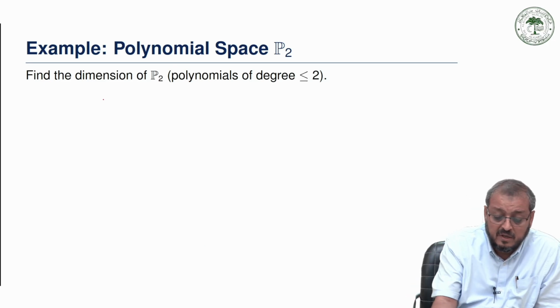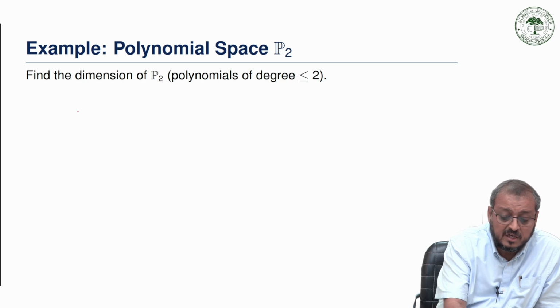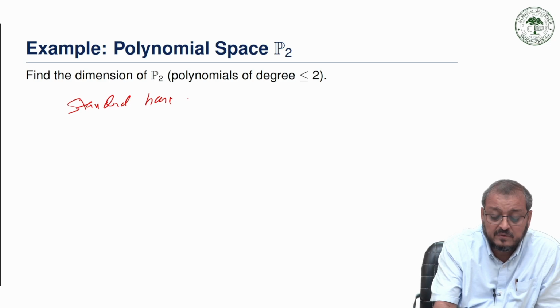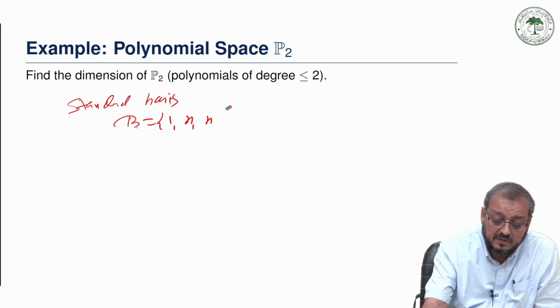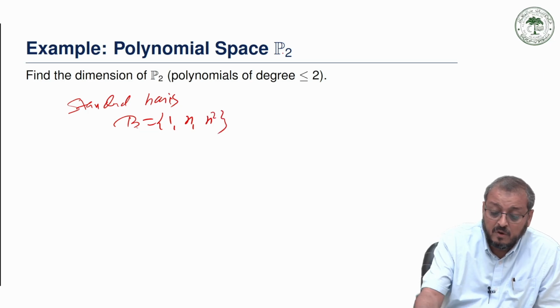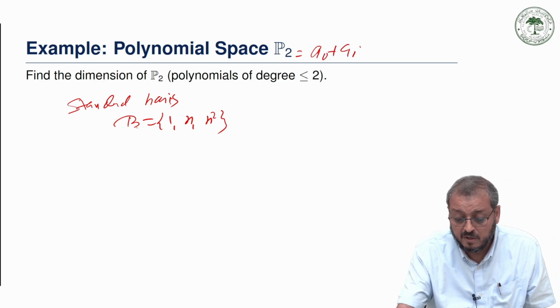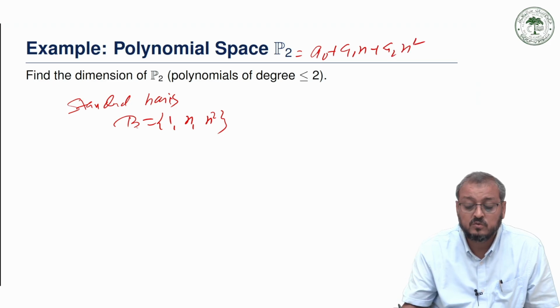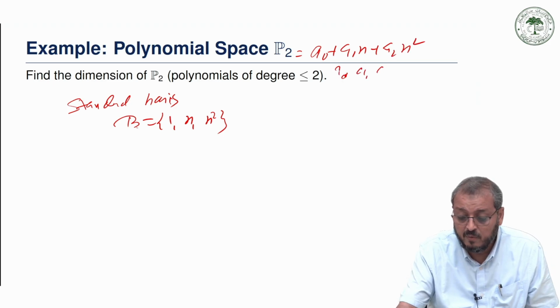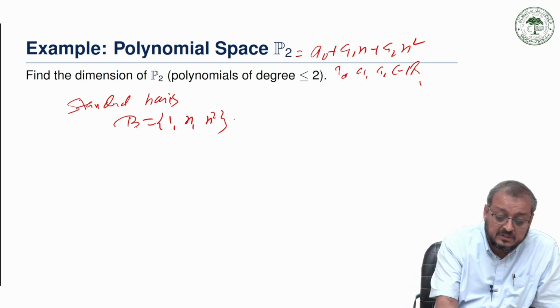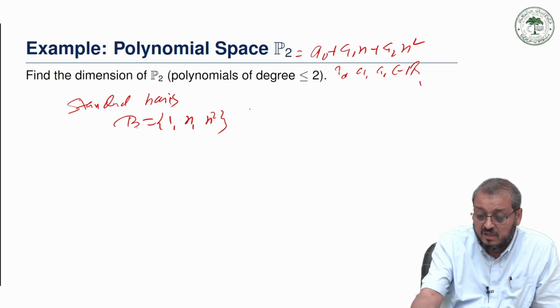We take the standard basis B equal to 1, x, and x squared. These form the standard basis, because any element of P2 can be written in the form a0 plus a1 x plus a2 x squared, where a0, a1, a2 are real numbers. So this is the standard basis, because trivially this is a basis. Why?